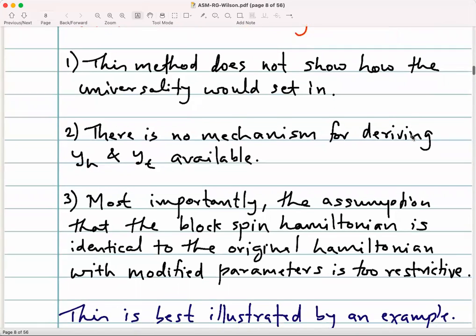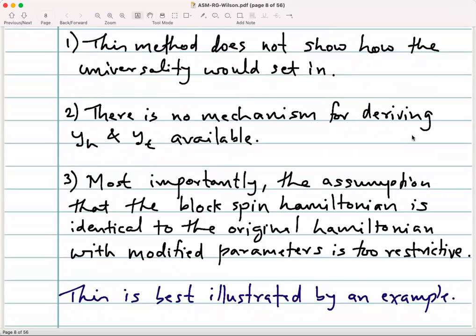The third, which is the most important, and something which Wilson basically discarded to liberate this process, was the assumption that the block spin Hamiltonian is identical to the original Hamiltonian up to some modification of the parameters.